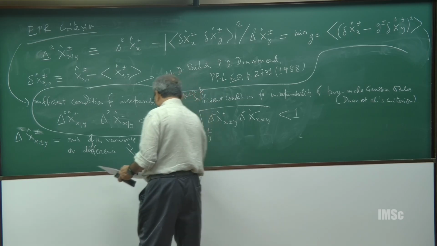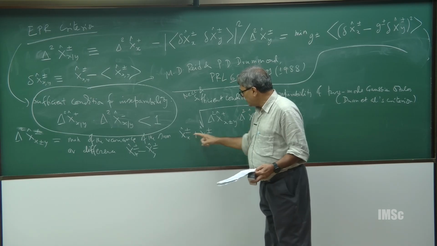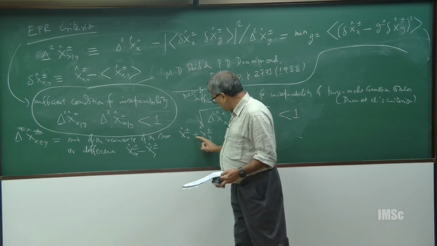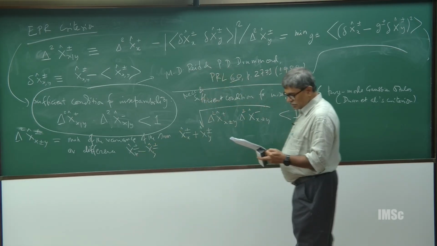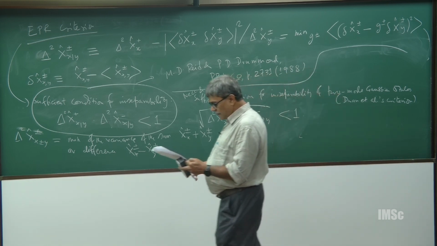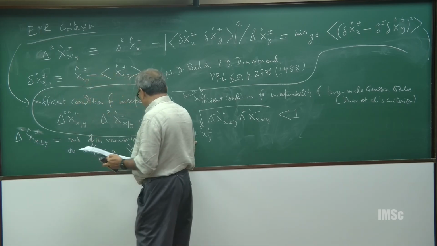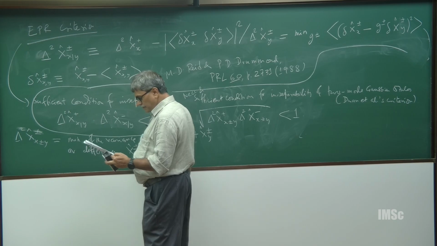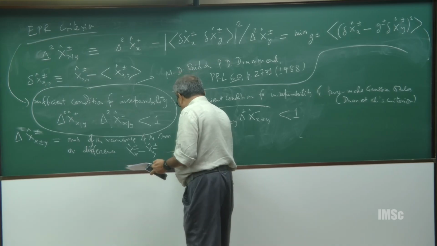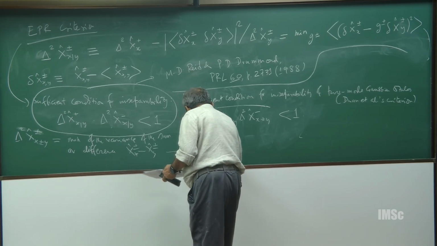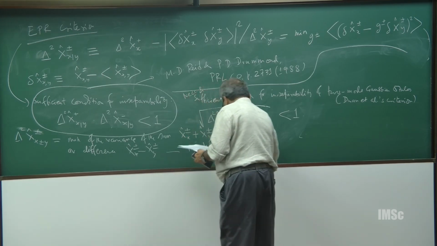Either in the position quadrature, sum or difference, or the momentum quadrature, sum or difference. The minimum of the variance of either this or this, normalized to the two beam shot noise. Otherwise it does not make sense.